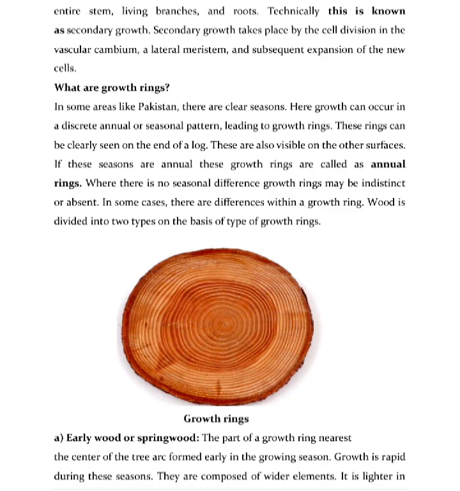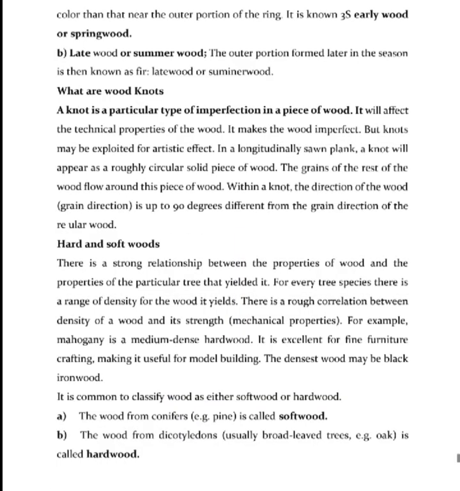They are composed of wider elements. It is lighter in color than that near the outer portion of the ring. It is known as early wood or spring wood. The outer portion formed later in the season is then known as late wood or summer wood.